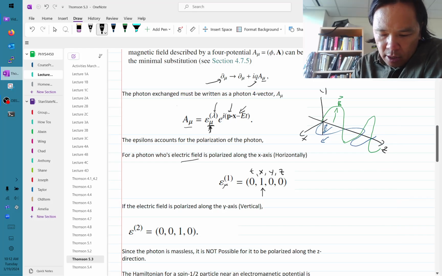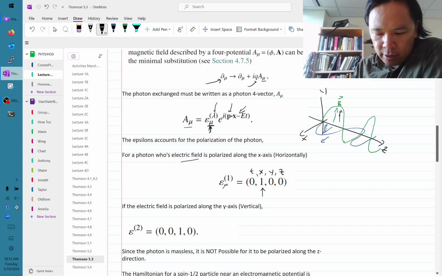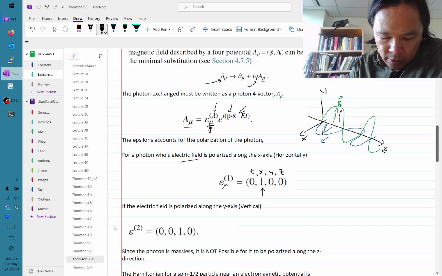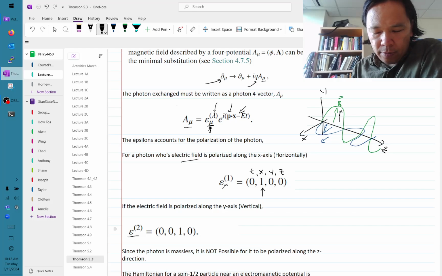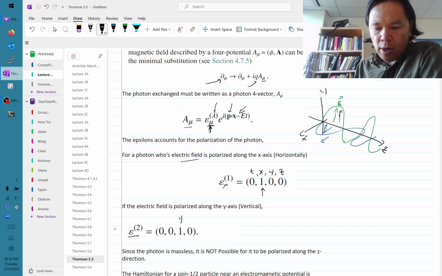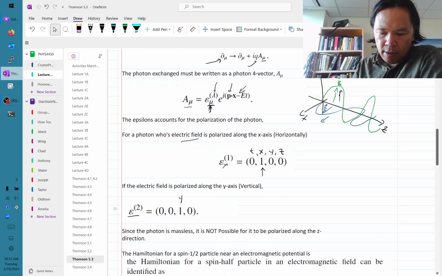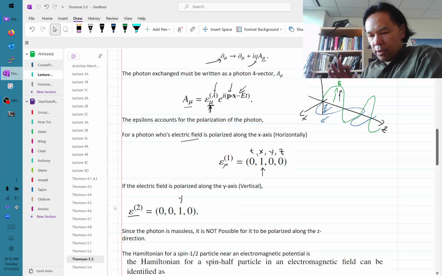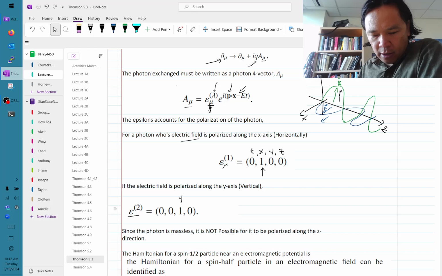If the electric field is polarized along the vertical direction instead, or the y-axis, what we're going to do is we just have this polarization 4 vector, but then we put the 1 in the y component instead. We're not going to have to deal too much with this, but it's just important to know where this epsilon thing comes from.